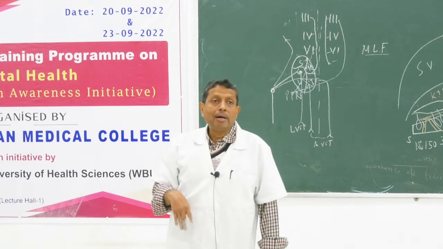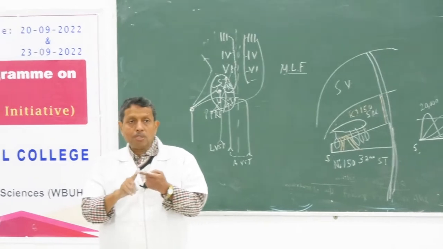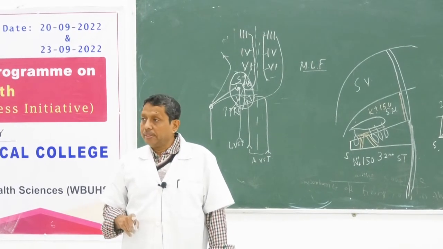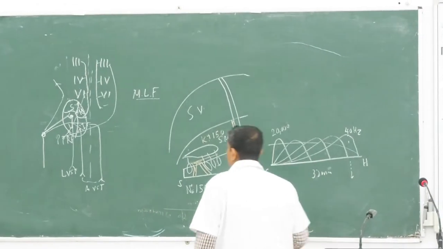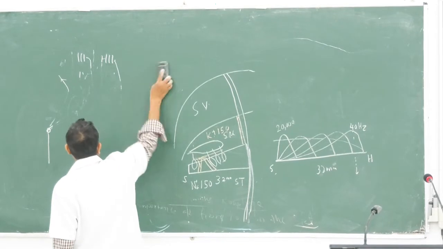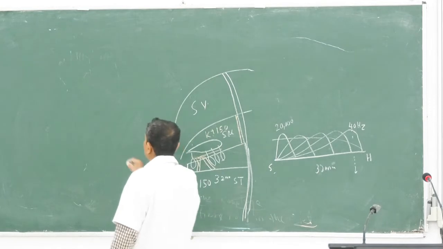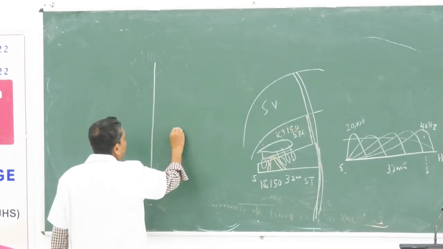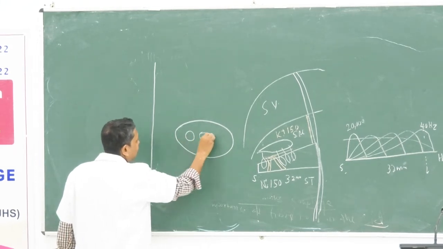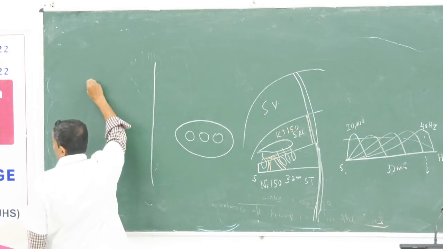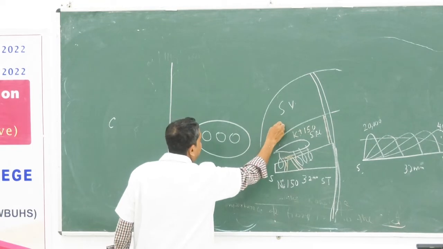In this case, whenever we are considering the time delay, it is the medial part of the superior olivary nucleus that is important. Suppose this is the midline and the medial superior olivary nucleus, and there are some neurons. There is the cochlea of this side and the cochlea of that side.